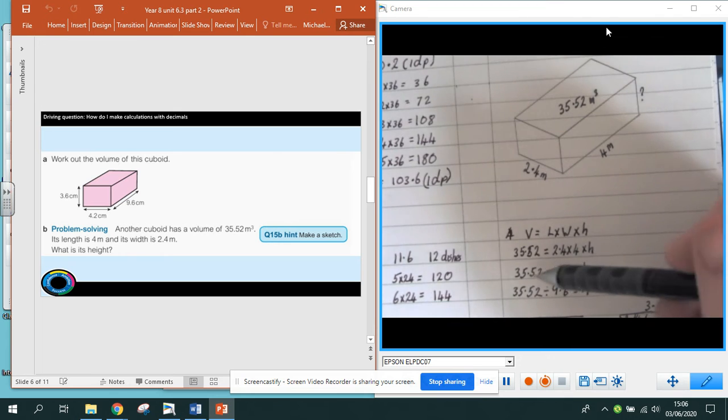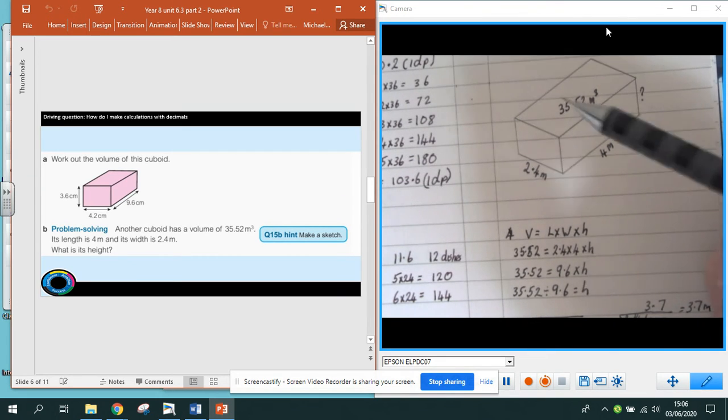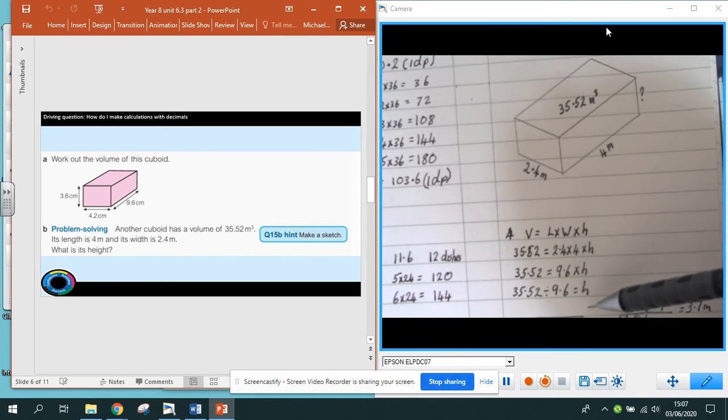Then, because I can, I've multiplied those two together to give me 9.6. So I know that the height times 9.6 will be 35.52. So in order to find out what that is, I've got to effectively do an inverse operation, a reverse operation, and I have to divide 35.52 by 9.6, which will give me the height.